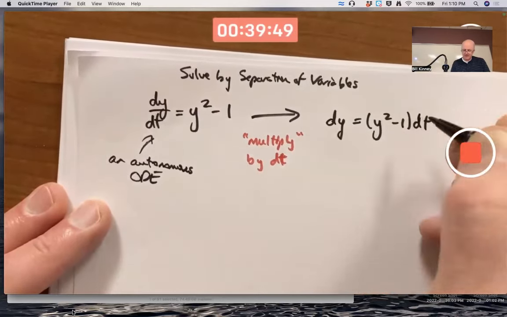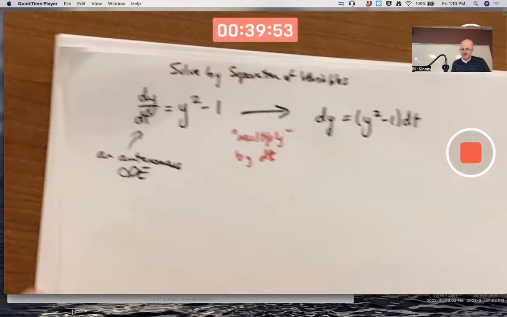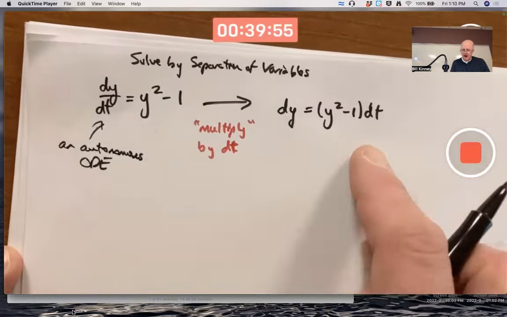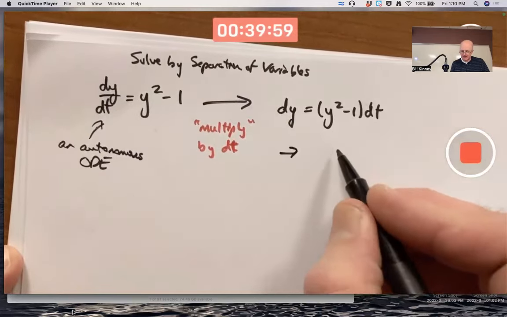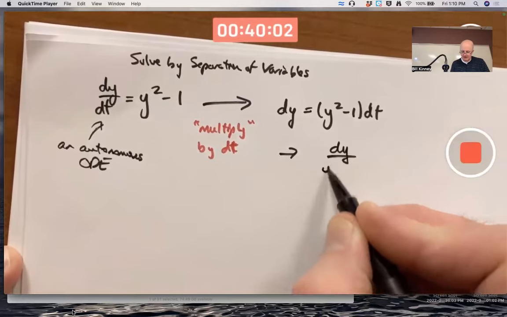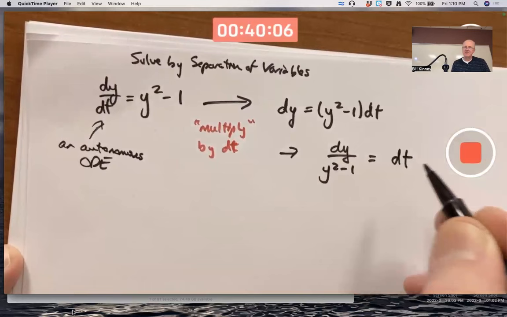By doing that, I have put the dt on the right side. I haven't fully separated the variables yet, though, because there's still a y on the right side. Now divide both sides by y squared minus 1. And write the equation like that.